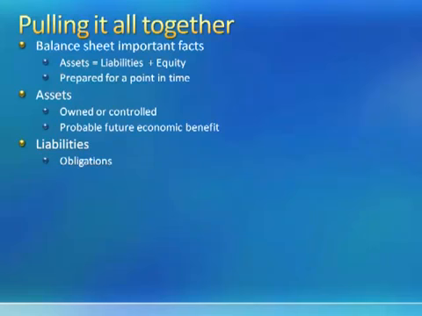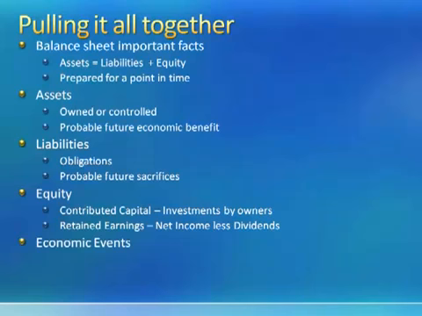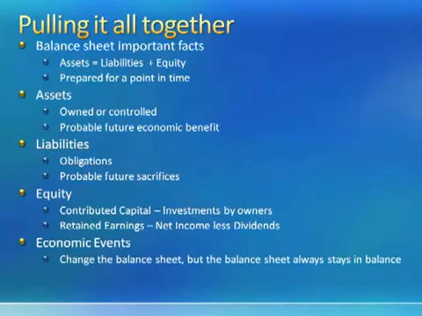Liabilities are obligations that result from past transactions that represent probable future economic sacrifices. Equity consists of two parts. The first part, contributed capital, represents investments by owners, and the second, retained earnings, represents the net income less the dividends paid to the owners over the life of the business. Economic events change the balance sheet, but the balance sheet will always stay in balance.